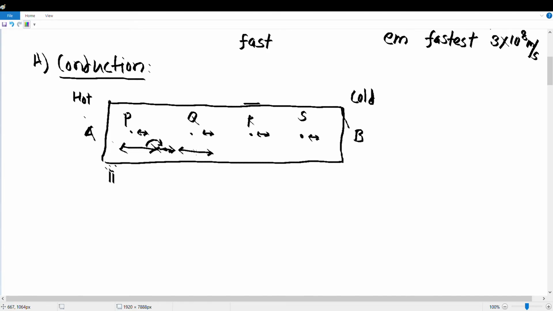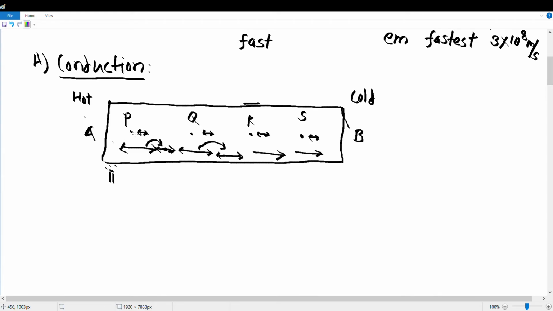Naturally, as this molecule now vibrates with large amplitude, it collides with its neighboring molecule. This is the neighboring molecule, then its amplitude also goes on increasing. In this way, heat is transferred from one end of the rod to the other, and this is known as conduction. In conduction, heat conducts from one end of the rod to another.